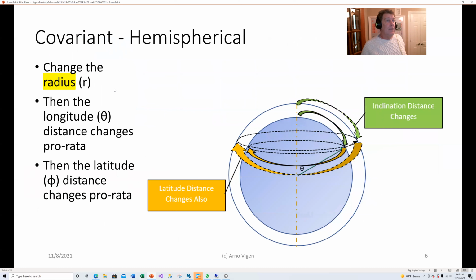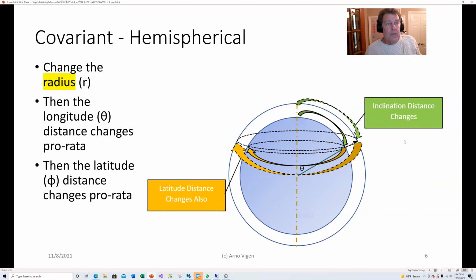So if we change the radius, this line here goes a little further, then the longitude or inclination, because I always count from the poles, changes distance. And that changes pro rata. The percentage that you change the radius is the percentage that you change that. That's 2 pi r. So since the r changes, the 2 pi r changes.